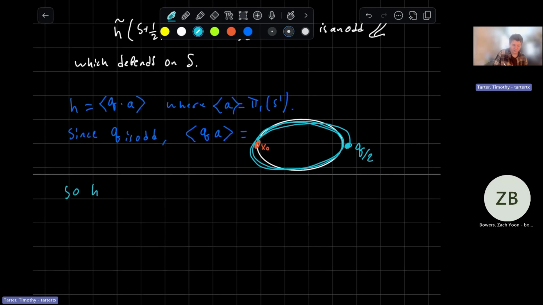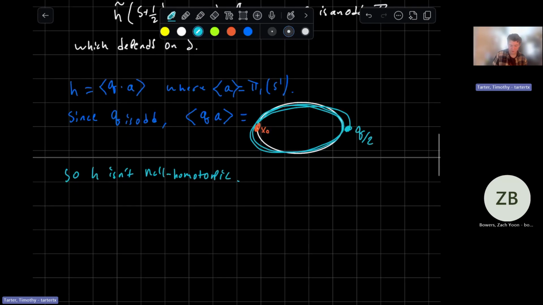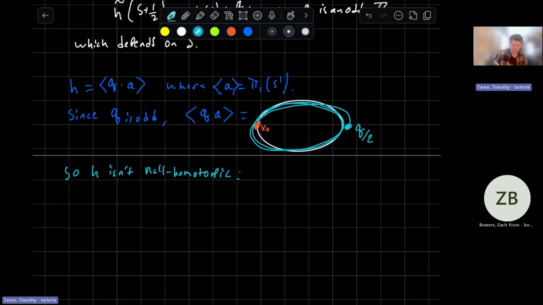So H isn't null homotopic because it doesn't contract back to the base point. Or rather, it isn't null homotopic on 0 to 1.